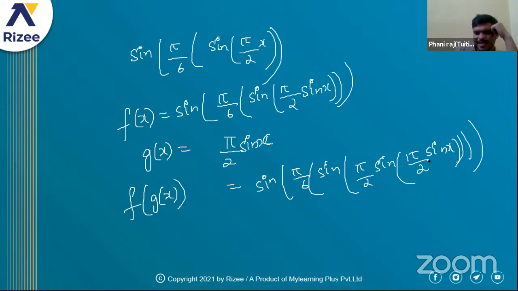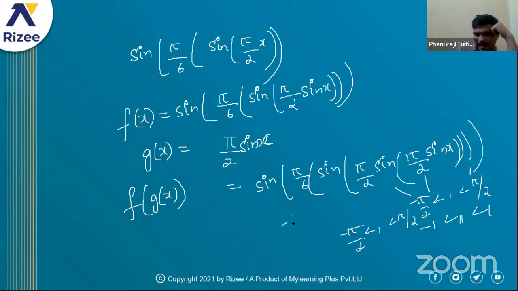This lies between what? Minus pi by 2 to pi by 2. We'll do it fast. Sine of this thing again lies between minus 1 to 1. Again, pi by 2 times that lies between minus pi by 2 and pi by 2.